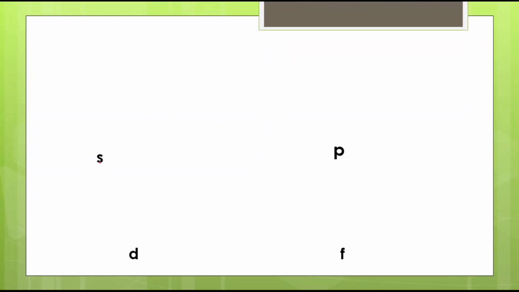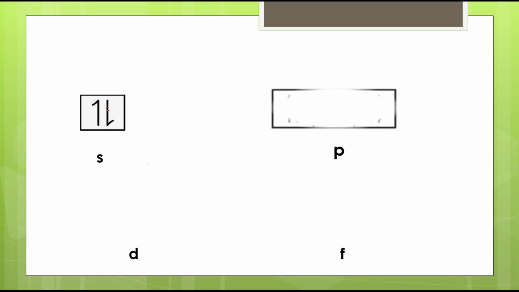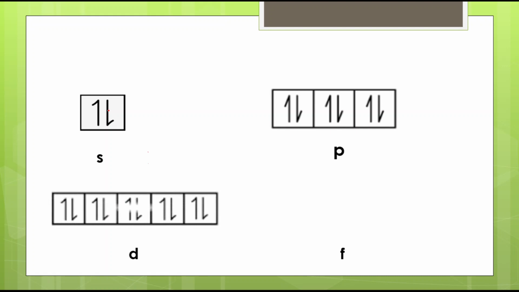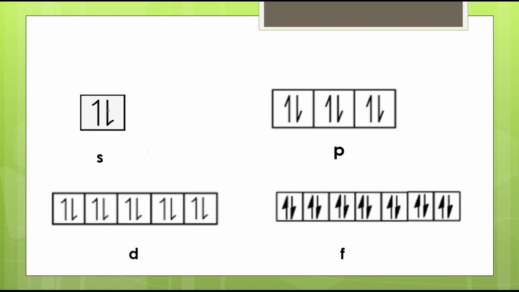So these are the subshells I have written. So if subshell S is there, it consists of only one orbital. You can observe this is the orbital, only one orbital it consists of. Likewise, P consists of 3 orbitals, D consists of 5 orbitals, F consists of 7 orbitals.